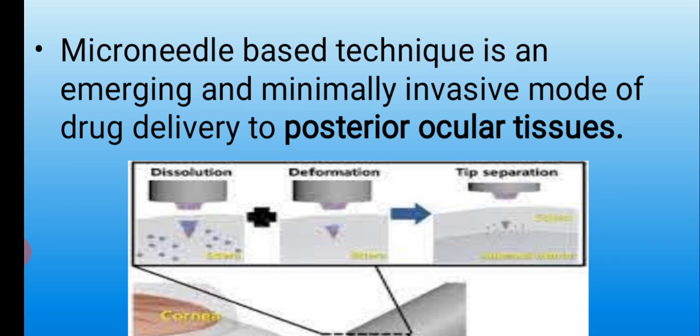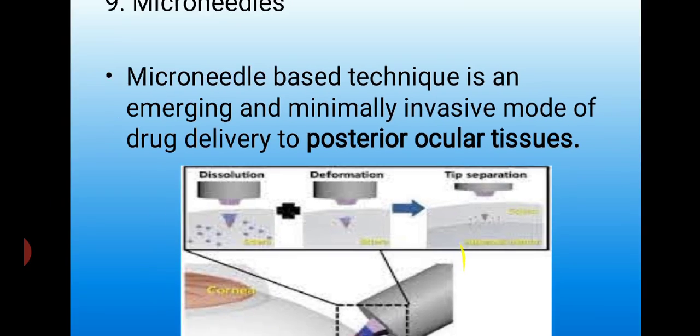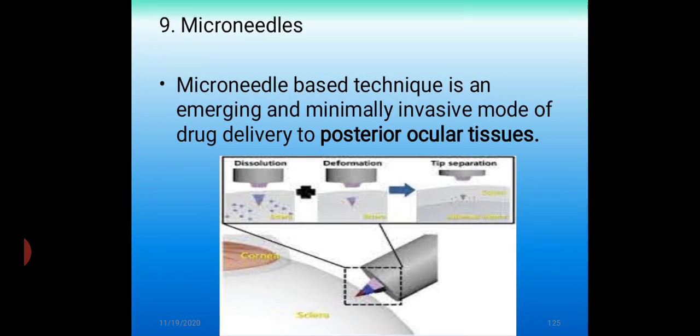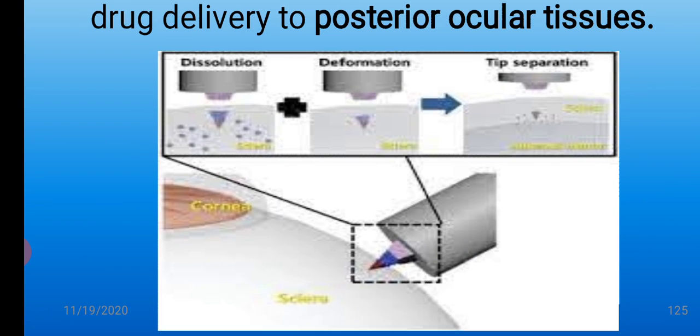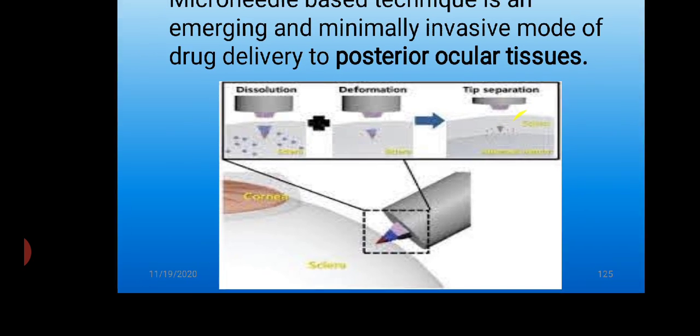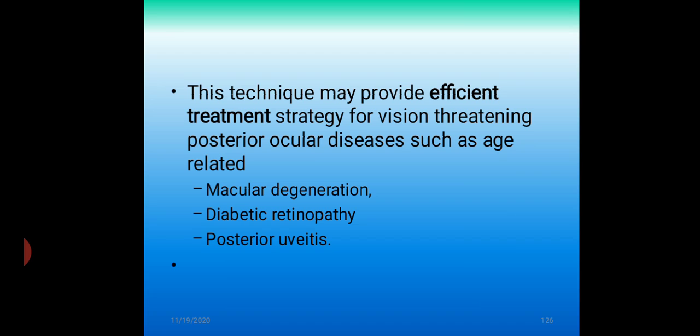If you look at the picture, you can see the drug slowly undergoes dissolution and deformation, and the tip is separated. This is the microneedle tip. It is slowly administered into the cornea, and the tip which contains the drug separates out of the system and slowly releases the drug.